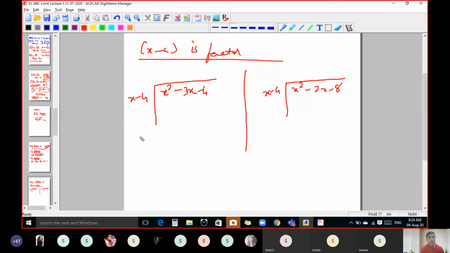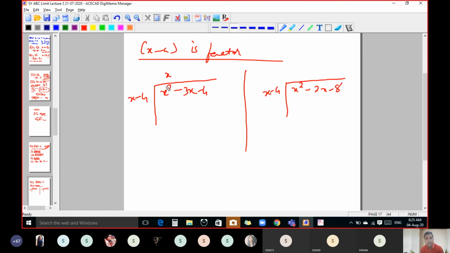Now, x minus 4. Just think: this first number, x square, divide by the first number of this, x square upon x, and x square upon x is what? X. So you can put x here.